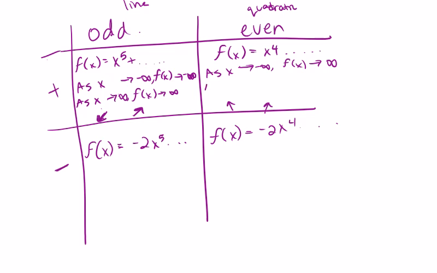Okay, and as x approaches infinity, f(x) approaches infinity, because this one, as x gets smaller, y gets bigger. As x gets bigger, y gets bigger. Y is going up both times. So the y is always going to be positive because it's always going up.